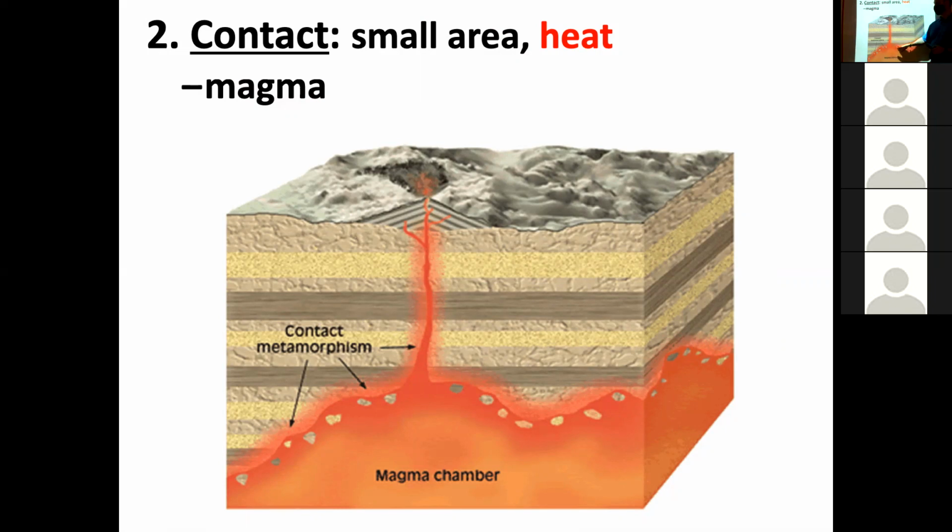So that's where the metamorphism takes place. Some of these rocks on the edges of the magma chamber will be heated up, they get hot. They don't melt, but they are changed from the heat. So that's contact metamorphism. That's caused by heat. So regional is pressure, contact is heat, guys.